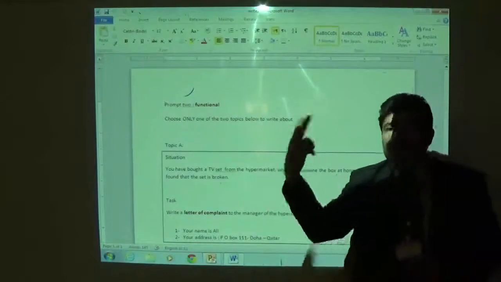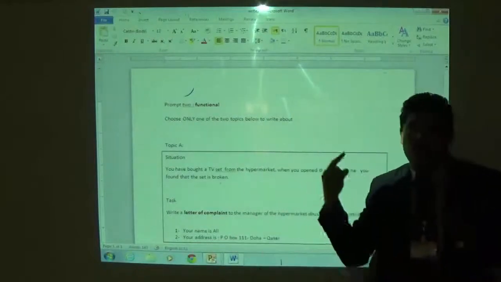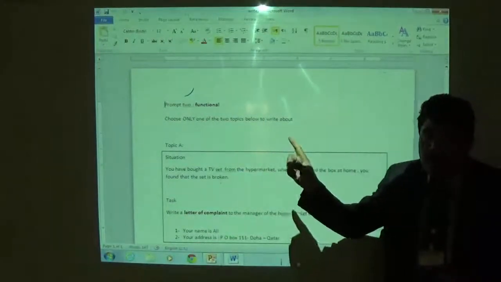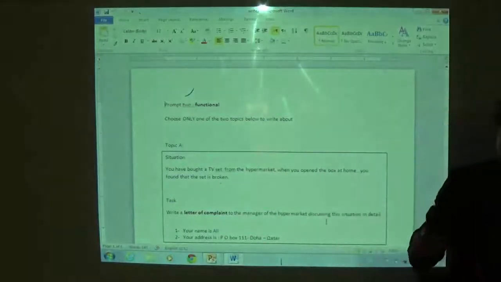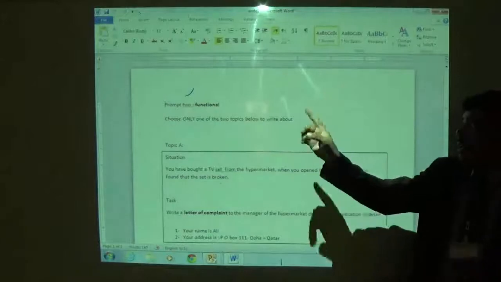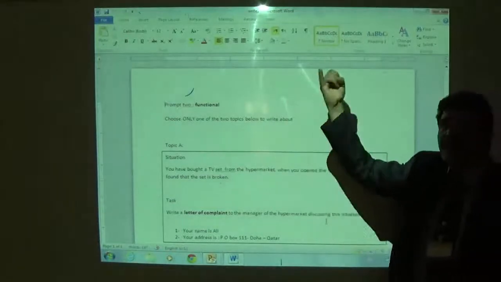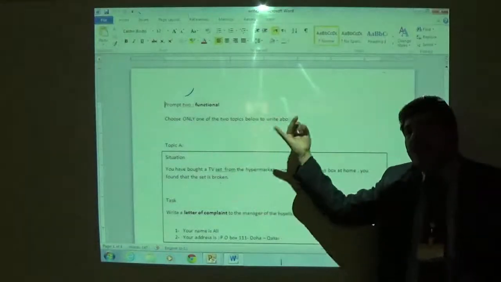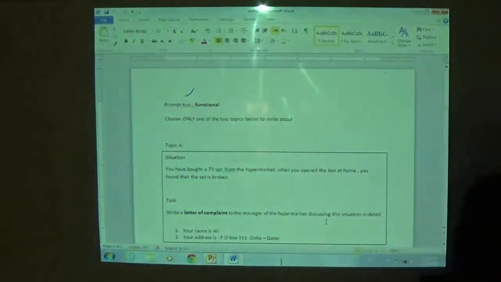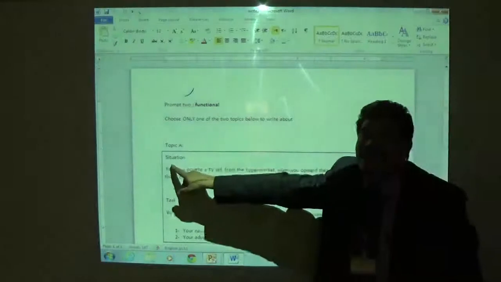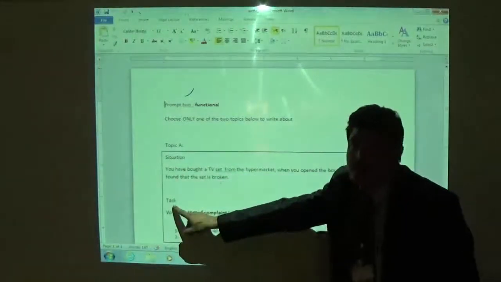You are going to have two letters and you are going to choose one to write about, and this is for 3 marks. You have three kinds of letters to choose from: the letter of complaint, letter of application, and requesting information. Okay, like this. You are going to have something like the situation and the task.